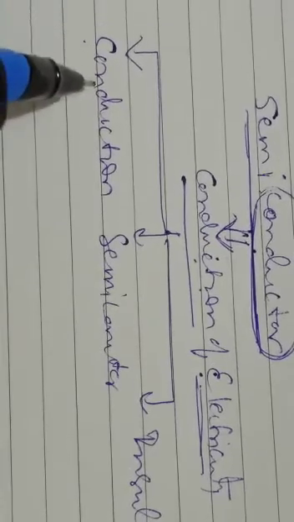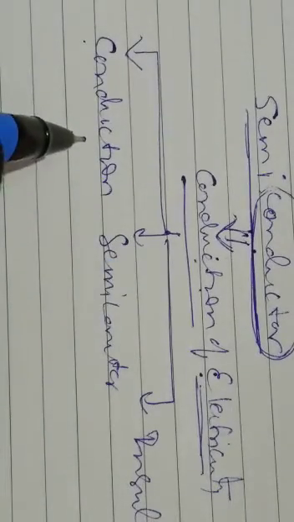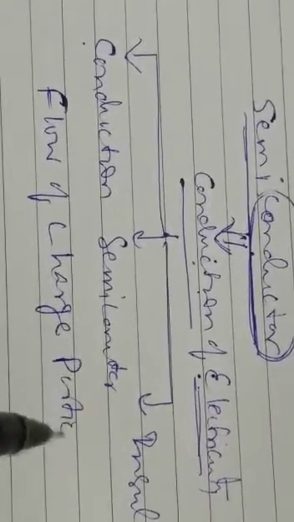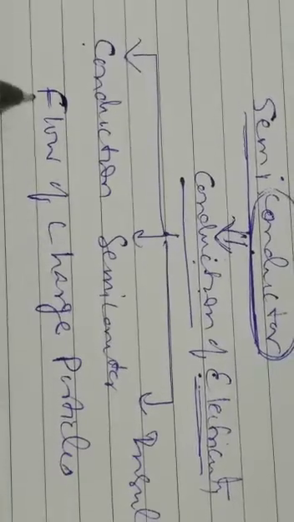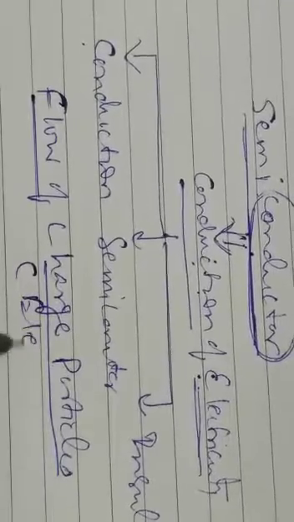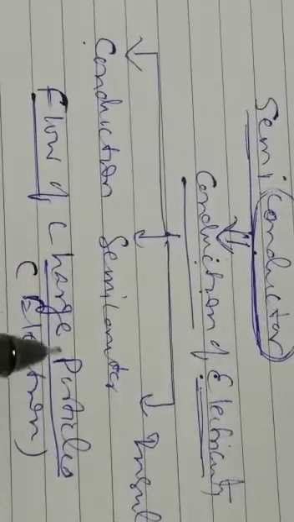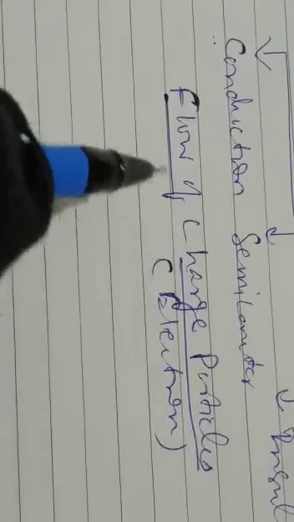As it deals with conduction of electricity, conduction of electricity means flow of charge particles. Flow of charge particles means flow of electrons, as we know very well. So now the point of view of discussion is flow of electrons in a material.